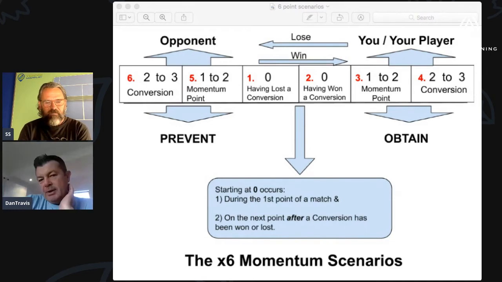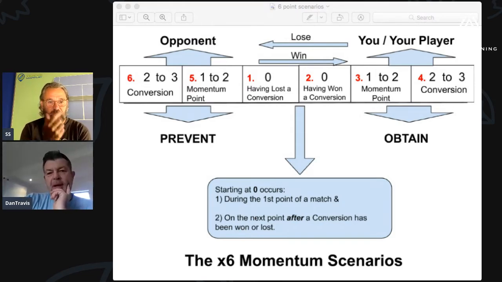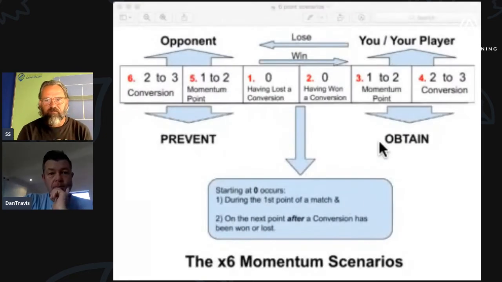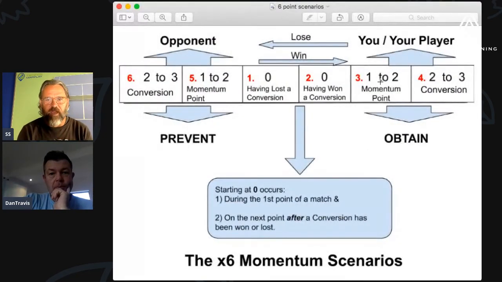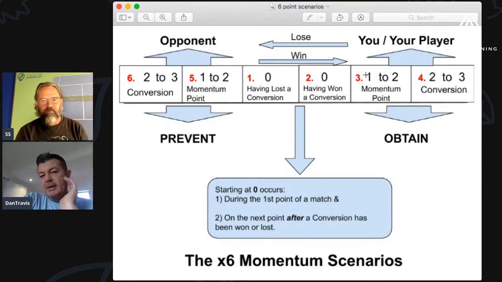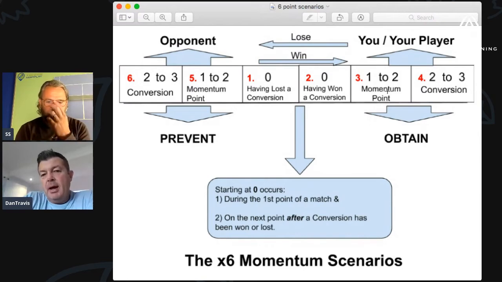Okay, so when we're in scenario 3, we're moving from 1 to 2. You'll find that players will try and clone the previous point. Yes. Where they won. Okay. That's definitely a feature of 3.